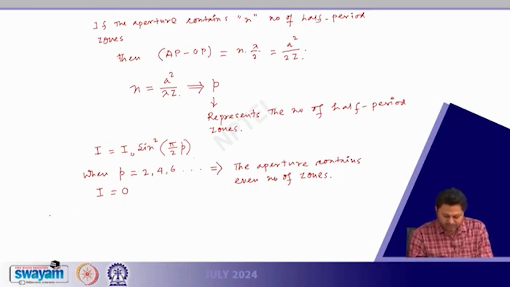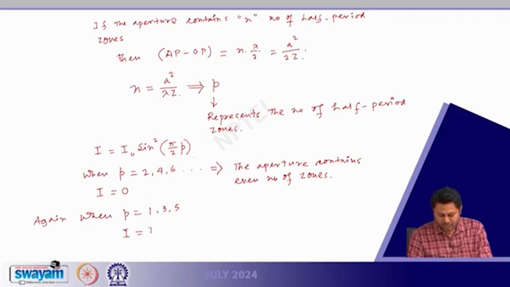Again, when P is equal to 1, 3, 5, then I is equal to I0, which is the maximum value.